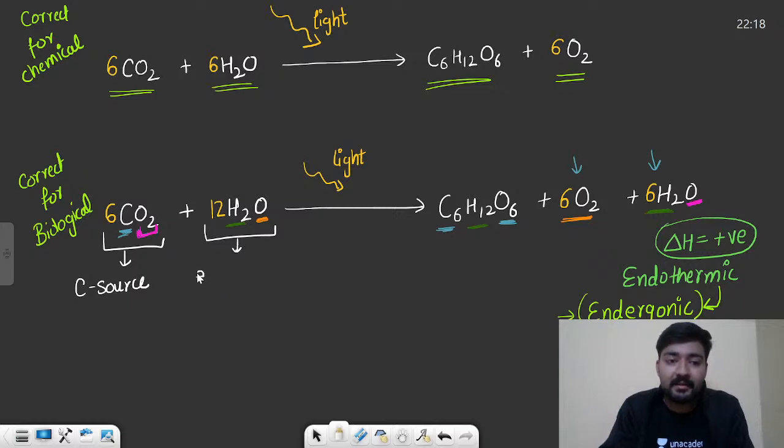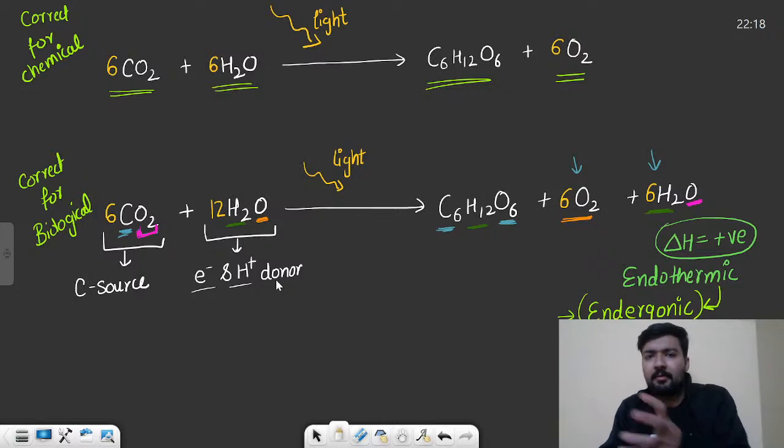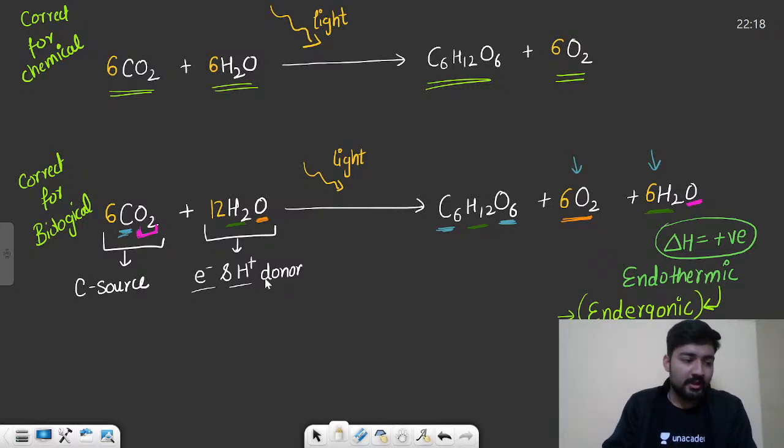It acts as electron and proton donor. Electron is e minus and H plus, which is the hydrogen nucleus, is the proton. So it is an electron and proton donor, which means it gives electrons and protons to carry the reaction forward. What is the role of electron and proton? It will be studied later in the chapter. So these two are used.